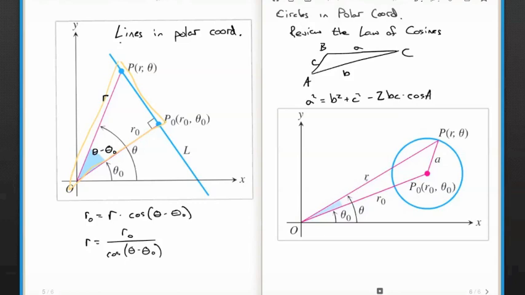Really I'm interested in an equation for r, but I know this angle here, so I'm going to find the equation for A. What do we write here? We write A squared equals the other two, r squared plus r naught squared, minus 2 r naught r times the cosine of the angle we're interested in, which is this angle.